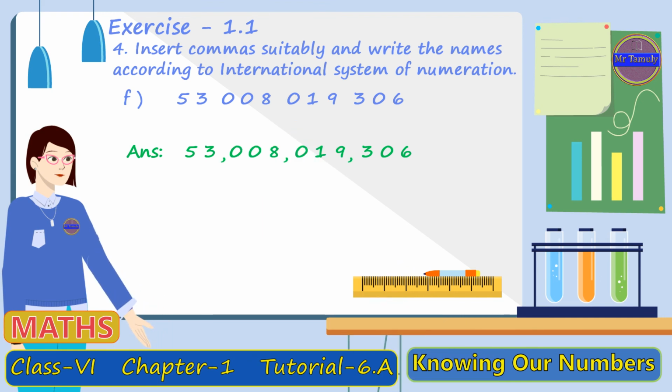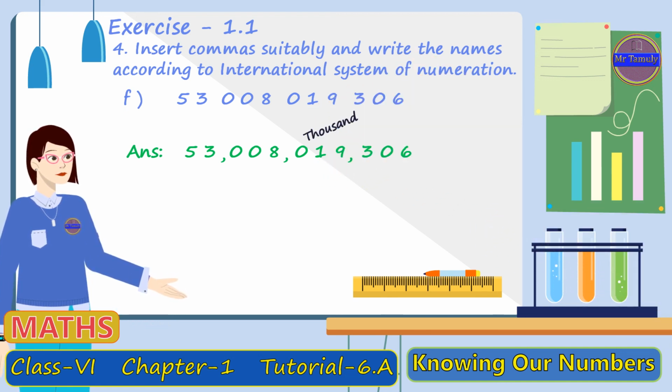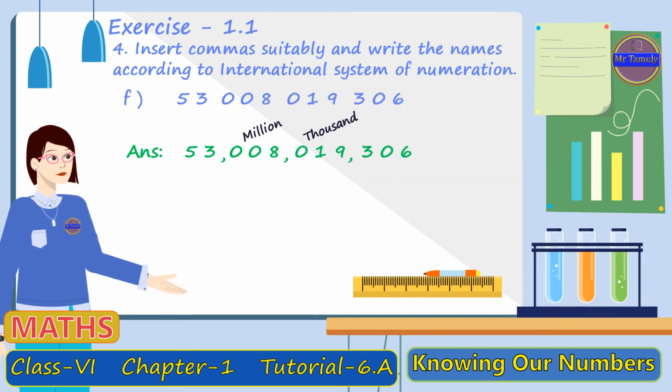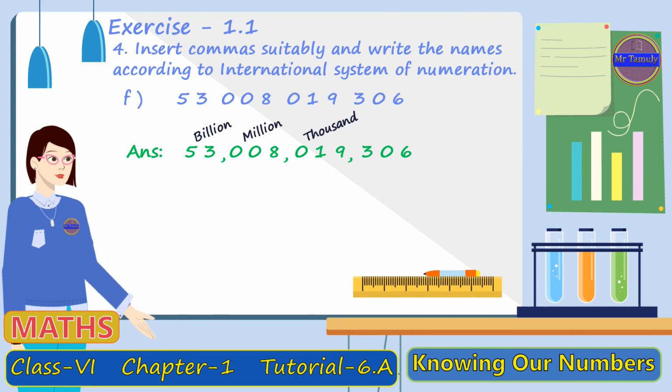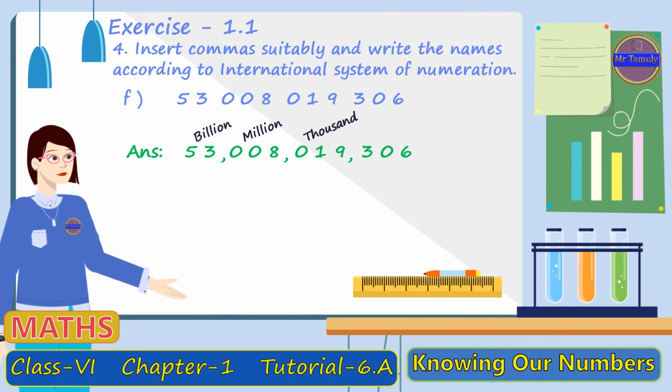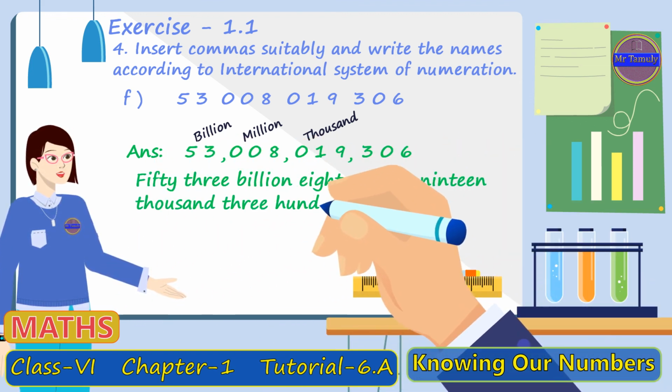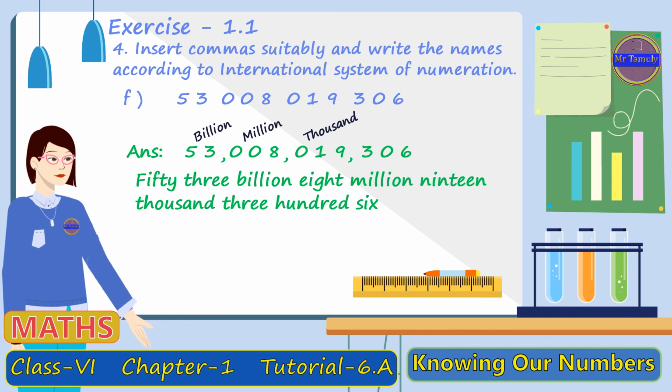We know that the first 3 digits from the right are 1, 10 and 100. The next 3 digits have the name thousand. And the next 3 digits together have the name million. And billion is the name for the remaining digits. As you can easily make out now, the name of our number is 53,008,019,306.